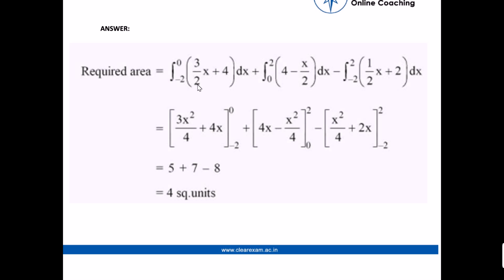After integration we get 3x square upon 4 plus 4x with range 0 to -2, and 4x minus x square by 4 with range 2 to 0, minus x square by 4 plus 2x with range -2 to 2. Putting in the range, we will get 5 plus 7 minus 8. So the area will be 4 square units. This is the answer of the first question.